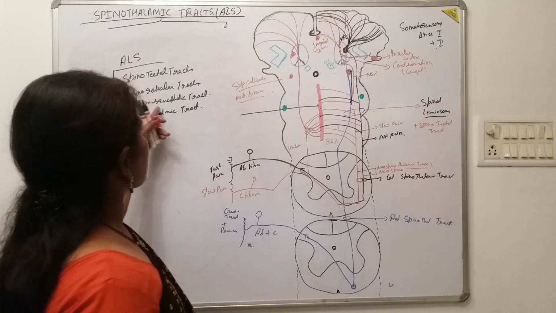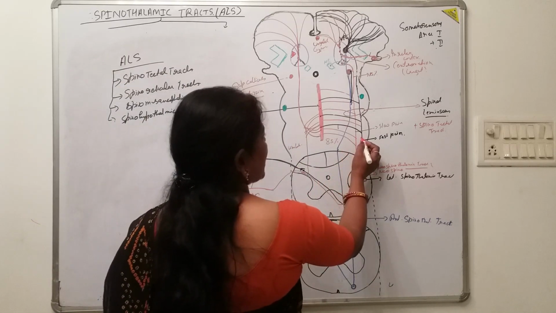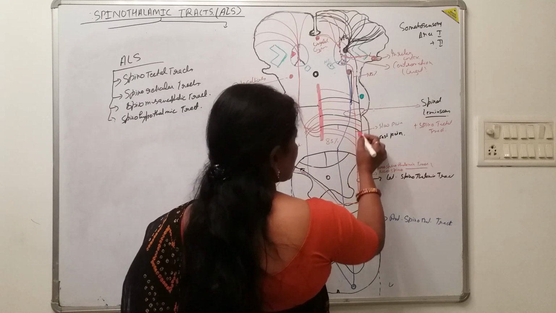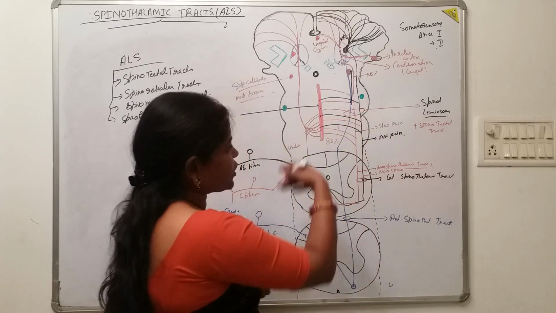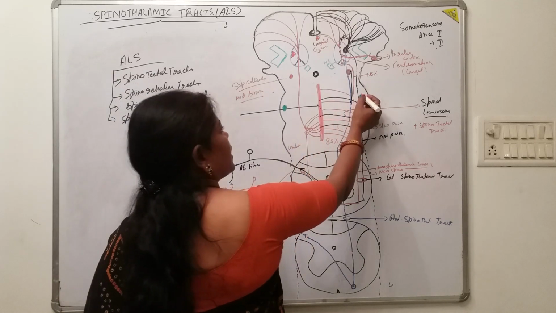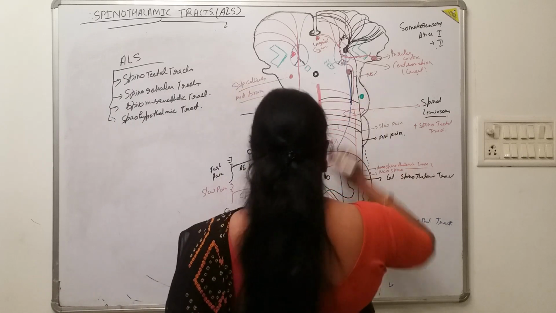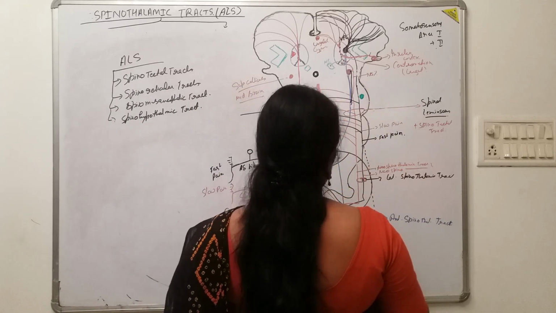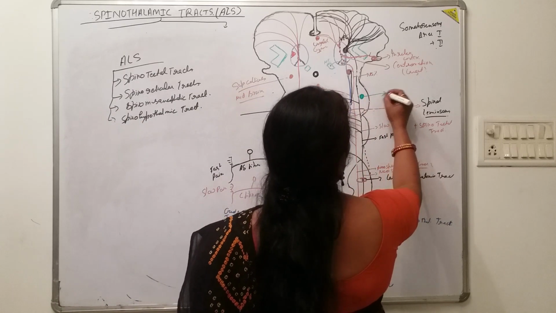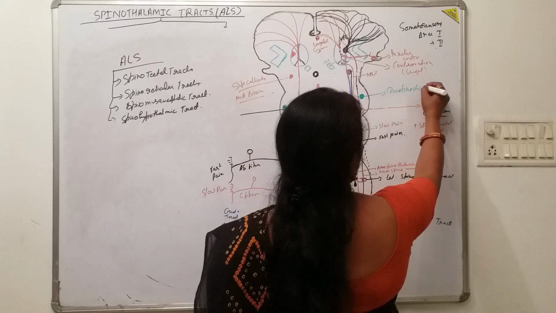Now the spinomesencephalic tract. Look here, some collaterals from the ascending spinothalamic pathway terminate in a very important nucleus, the green color one. What is it known as? The parabrachial nucleus. This green color nucleus is the parabrachial nucleus.